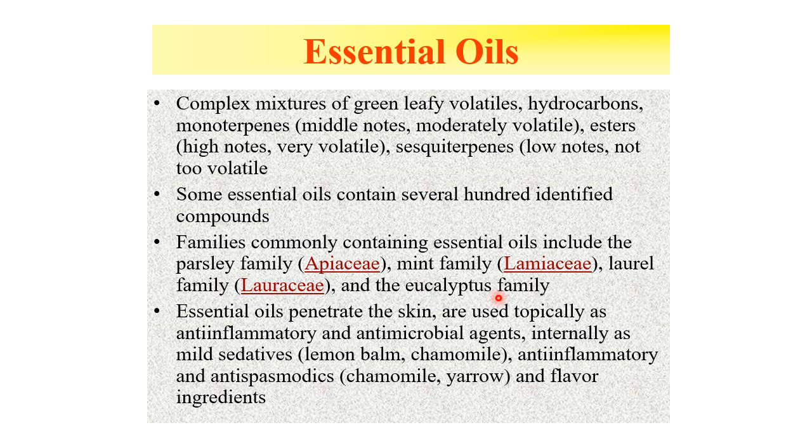So, for instance, if you wanted an herbal oil or an herbal cream that would help repair your skin and reduce inflammation and irritation of a rash or of a sunburn, you could get some green tea extract, which contains oligomeric proanthocyanidins, OPCs, which are the main antioxidant compounds in green tea.